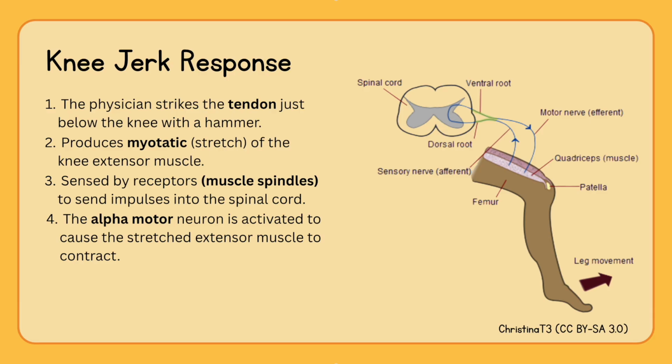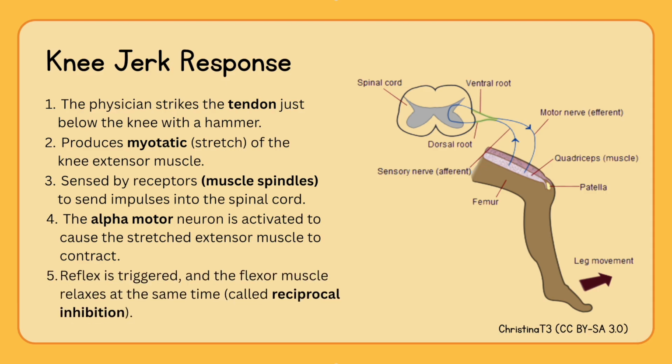So the receptors quickly send impulses to the spinal cord. The alpha motor neuron is activated. It causes this stretched extensor muscle to contract in order for the reflex to happen. The flexor muscle relaxes at the same time, and that is called reciprocal inhibition. I mentioned this earlier.